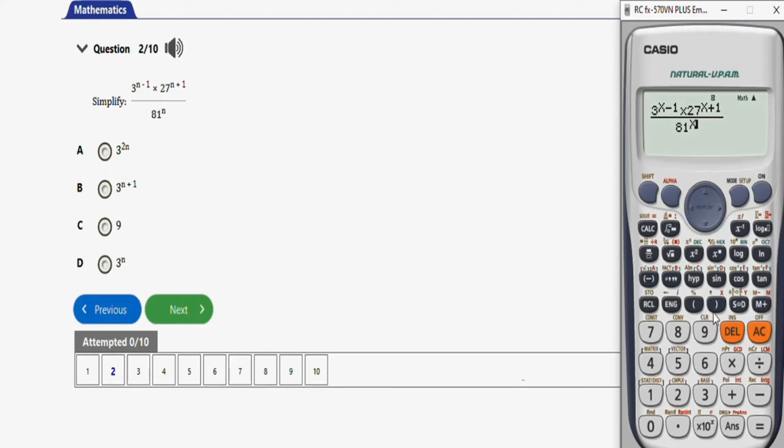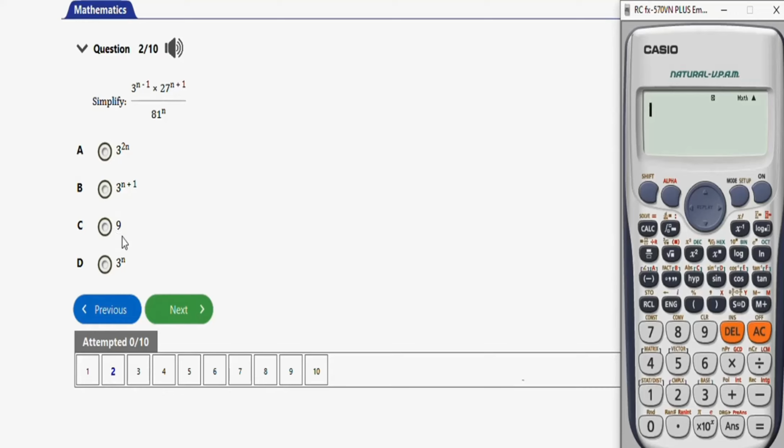So that's it. Let's press equal to now to see the output. We have 9. So right now we're going to simplify the options. No, that gives us 9. So basically, you see, you don't need to simplify already. We can decode the answer.